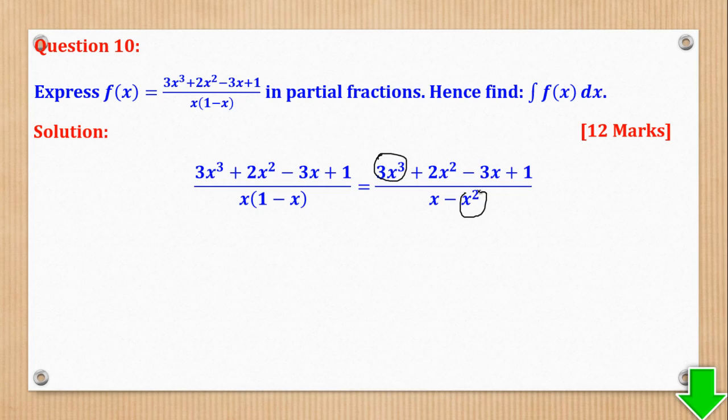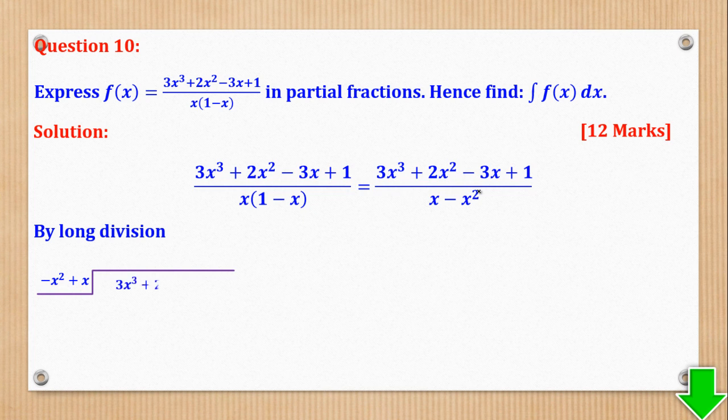So it is improper. Each time it is improper, the first thing we expect you to do is long division. By long division, I'll put the divisor and the polynomial or the function. Then I'll divide this by this. I'll come up with negative 3x.